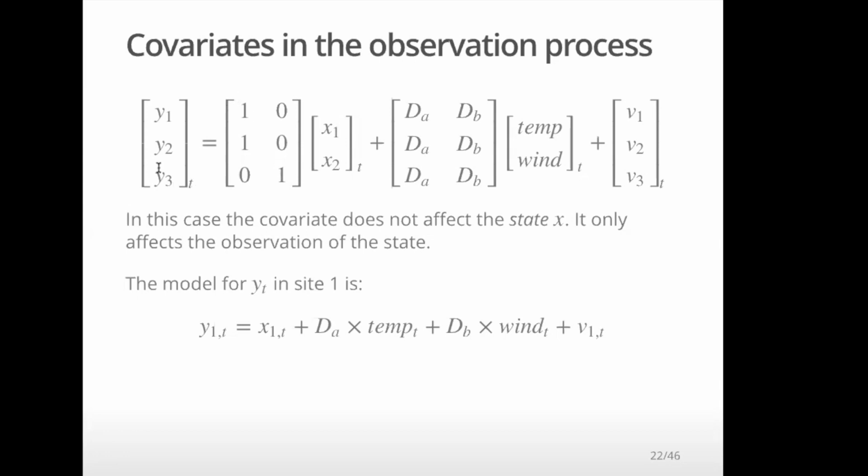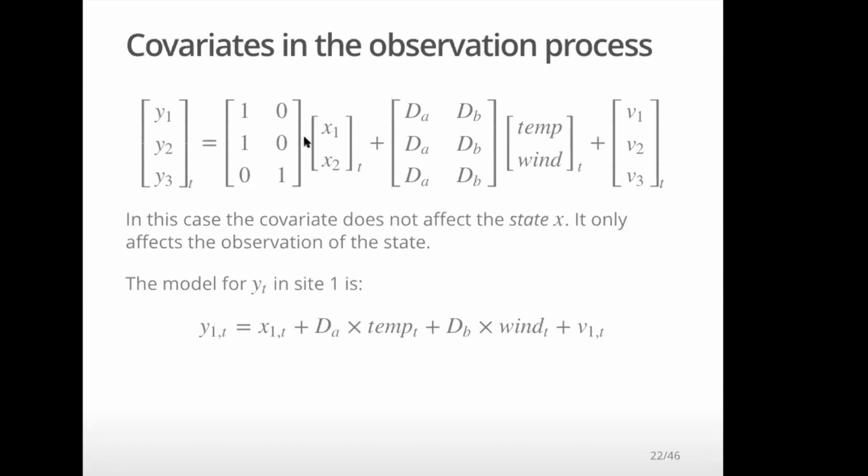So these two are associated with this one, and this one's associated with this one. Now I have observation errors for all these observations, and I'm modeling them as a function of temperature and wind. In this case, I'm modeling it as if temperature and wind have the same effect on each of these types of observations.